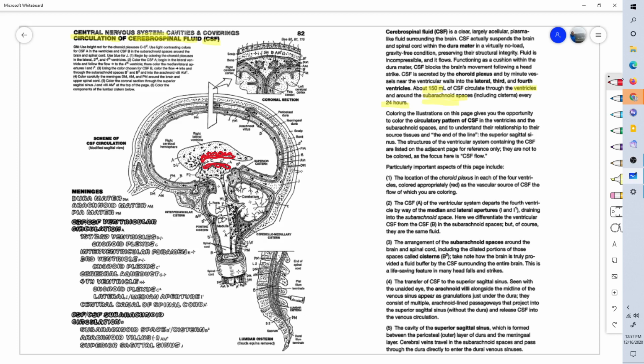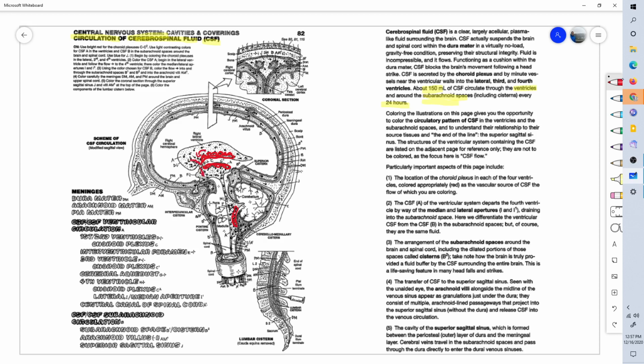Here in the third ventricle, here's the choroid plexus. And in the fourth ventricle, down in the area of the brainstem, choroid plexus. So CSF is being created in all of these choroid plexi.